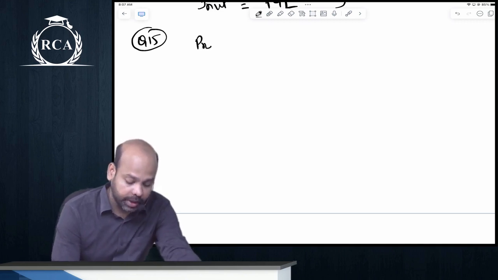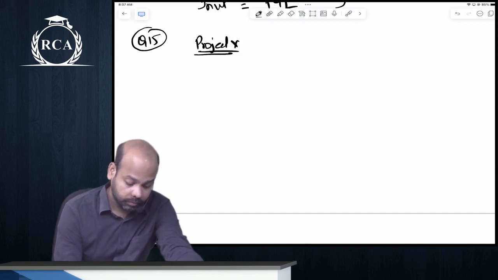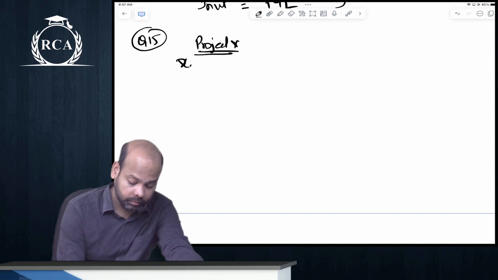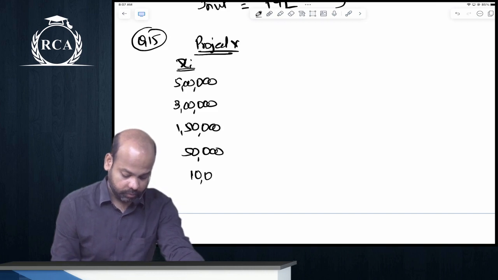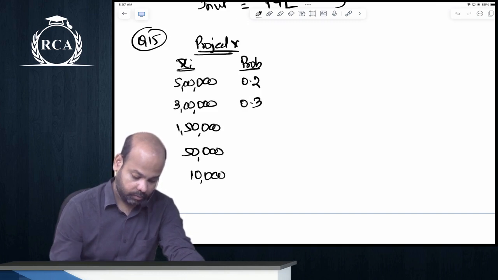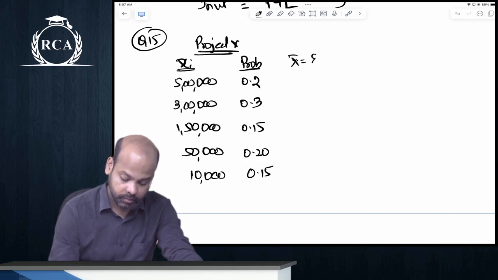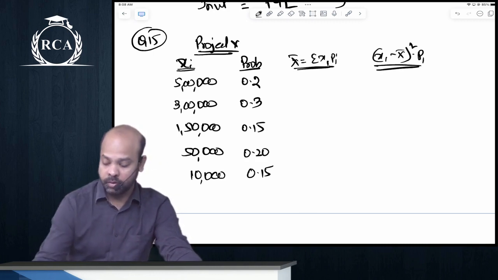First thing that you're supposed to do beta is arrive at coefficient of variation. This is what you will do beta.